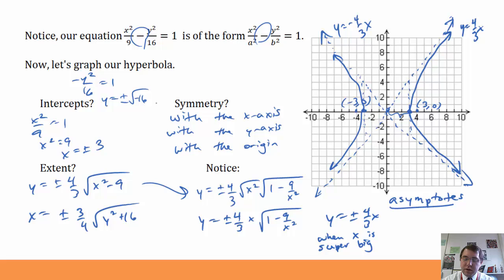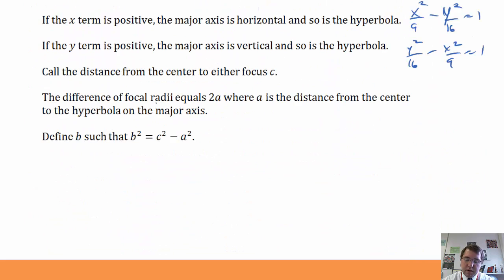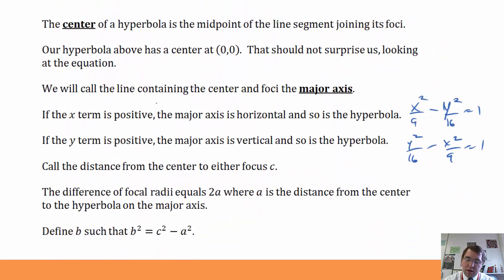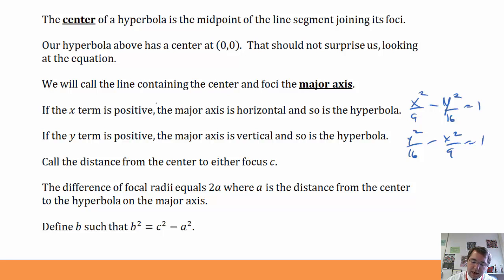So notice our equation was x squared over 9, which is x squared over 3 squared. That's a squared. We will define b such that b squared equals c squared minus a squared. And if we were to do that here, we would see that b would be 4, and that gives us the 4 squared underneath the y.